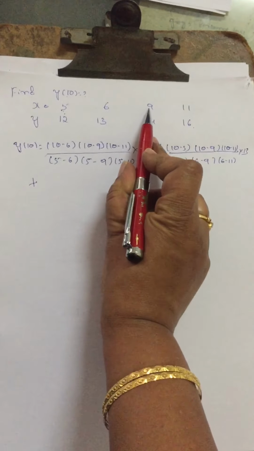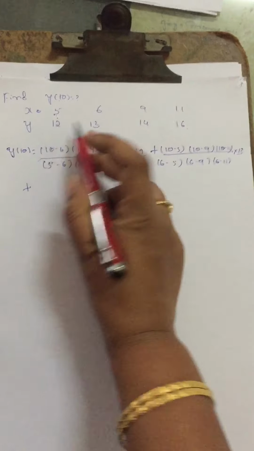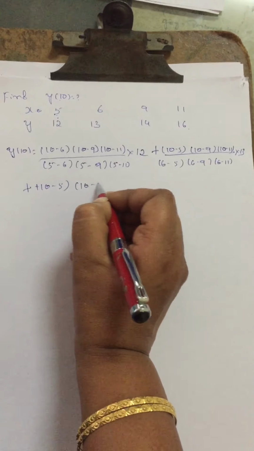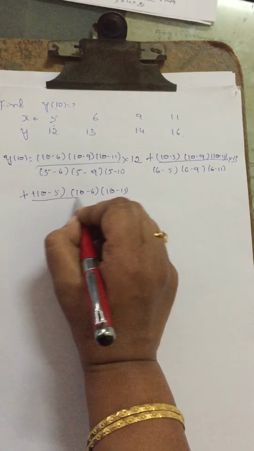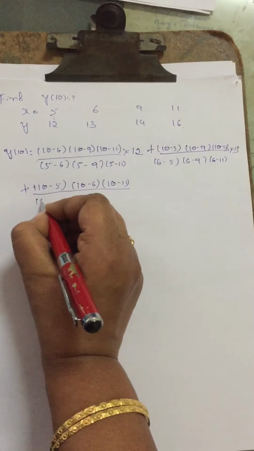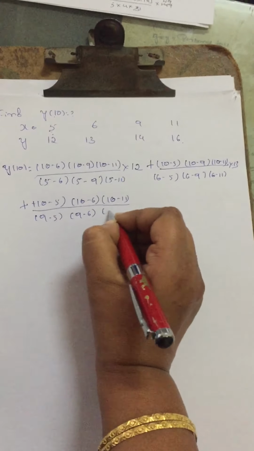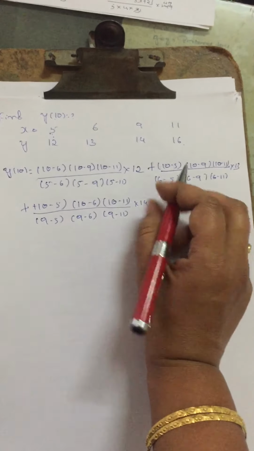In the third term neglect the third term, remaining terms subtract with 10, that is 10 minus 5, 10 minus 6, 10 minus 11 divided by 9 minus 5, 9 minus 6, 9 minus 11 into 14 plus, come to the fourth term.